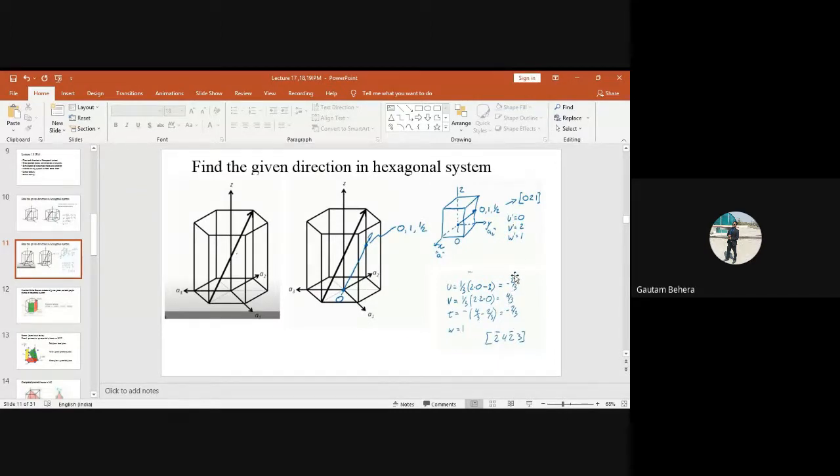But since these are fractions, you need to convert into integers, so you can multiply with 3. So minus 2 by 3 will come out as minus 2, that is 2 bar, this will be 4, and this will be 2 bar again, and finally this will be 3, right? So you are just multiplying everything with 3. So you will end up with this answer. So this is the four coordinate system answer.